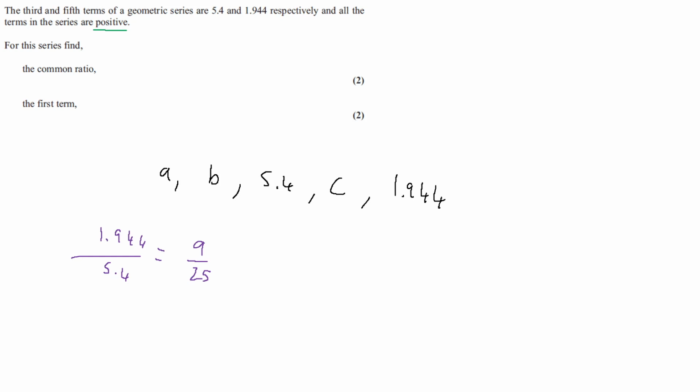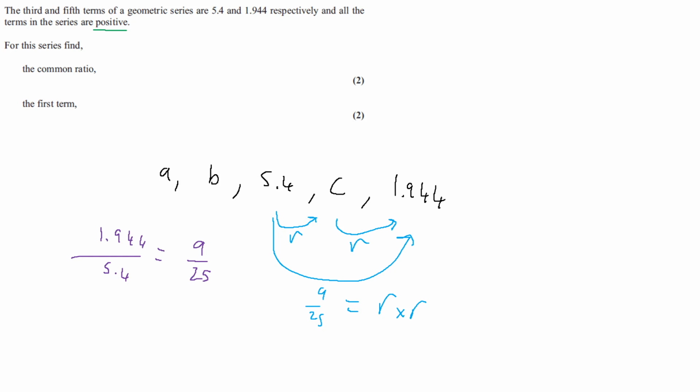But hold your horses though, because remember what we did here. If we were to get 5.4 and times it by the common ratio, we'd get C, and then C times the common ratio is going to be 1.944. So, all we're going to say is that 9 over 25 is equal to R times R. Doesn't that make sense?